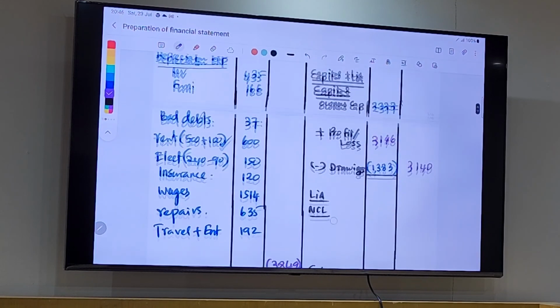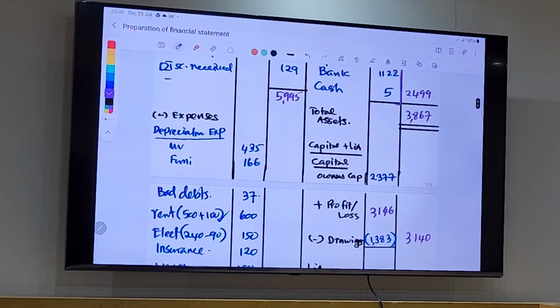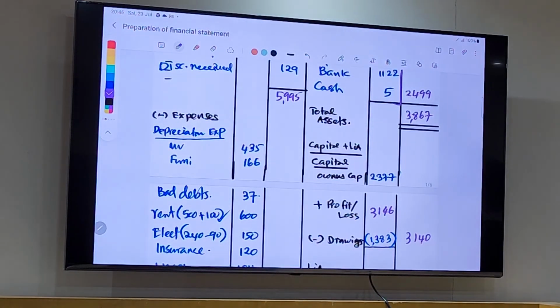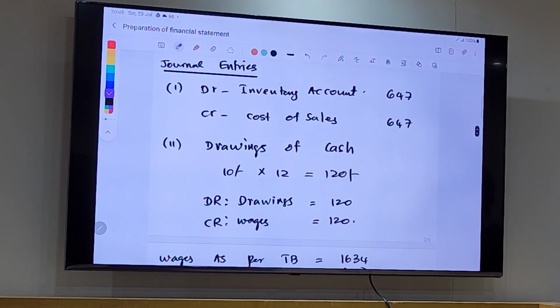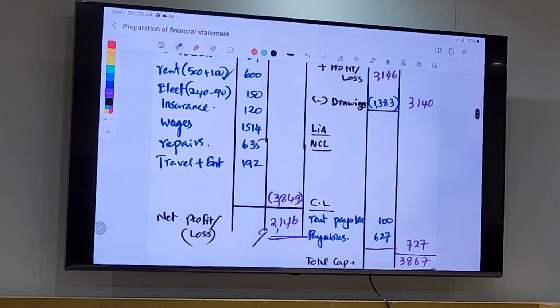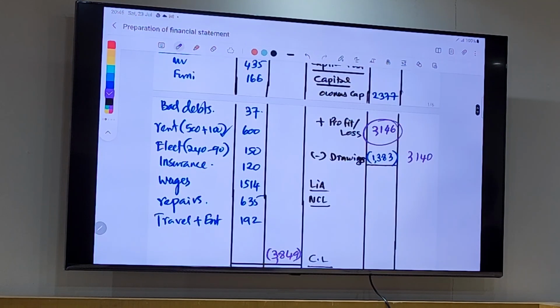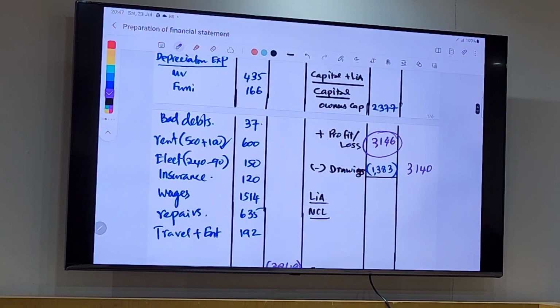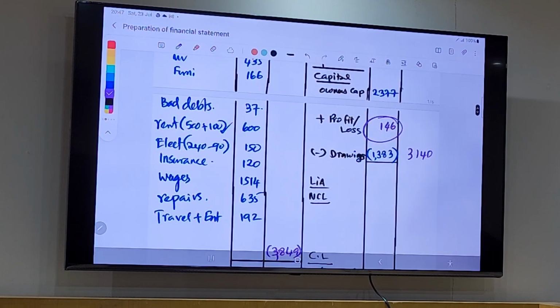And this also 3867. That's the meaning. Clear? This profit 2146. I put a comma there.